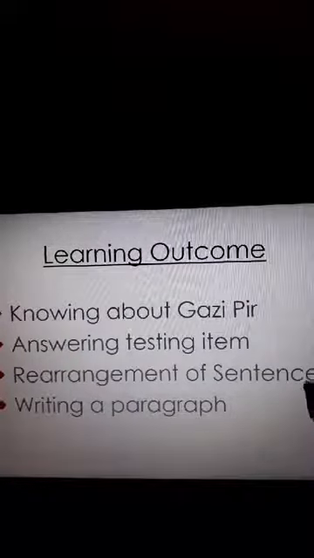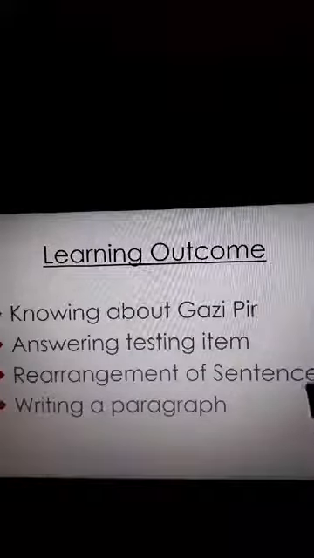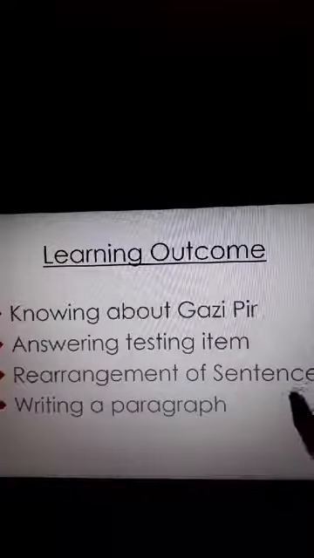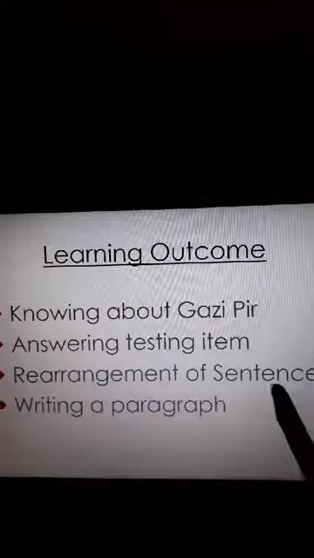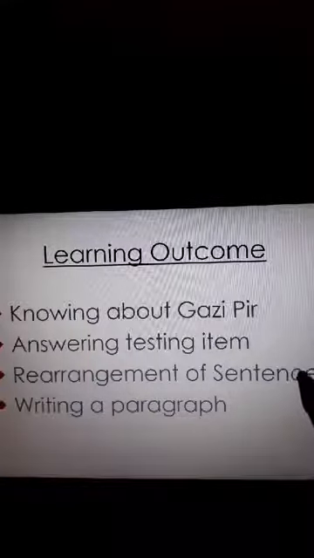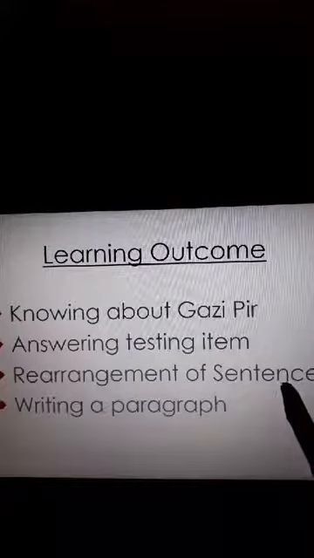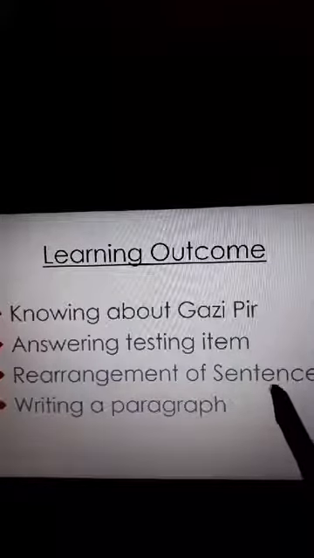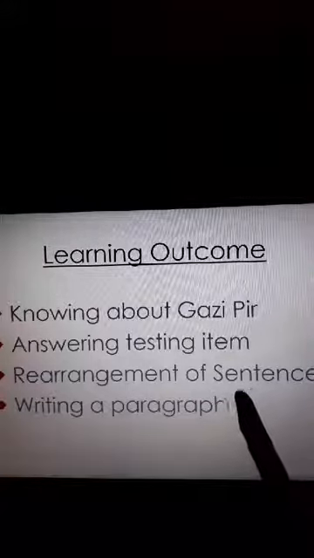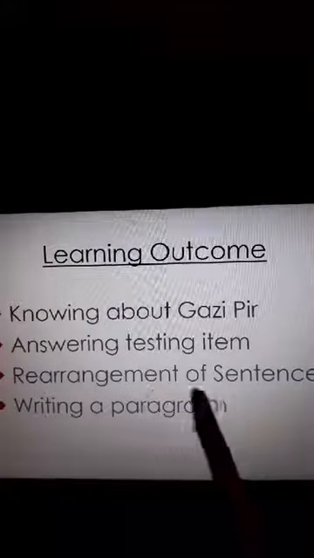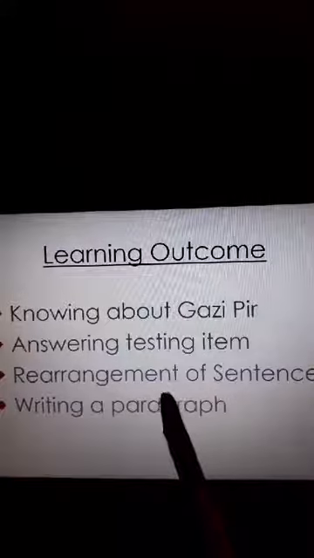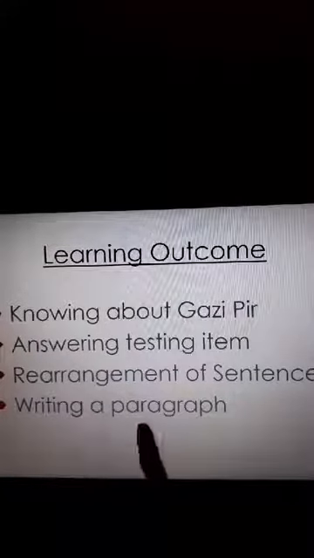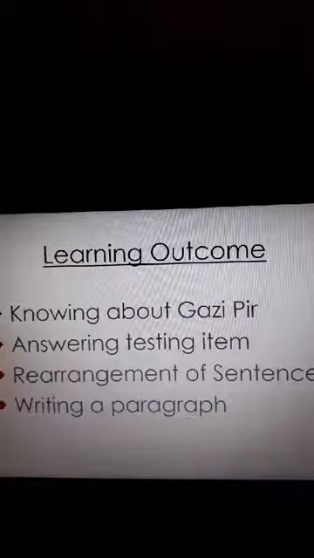For the last 2 years in the HSC exam, I have noticed that in some boards, especially in the Chittagong board, rearrangement sentences are coming from texts like Gazi Pir, Hercules, etc. Later on, we'll mingle all the information we have gathered, and then we will be able to write a paragraph on Gazi Pir.